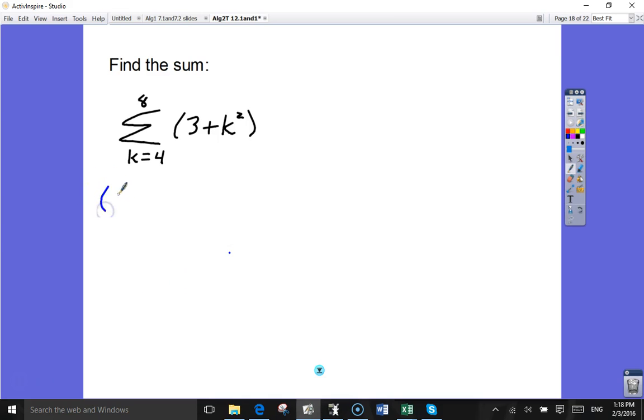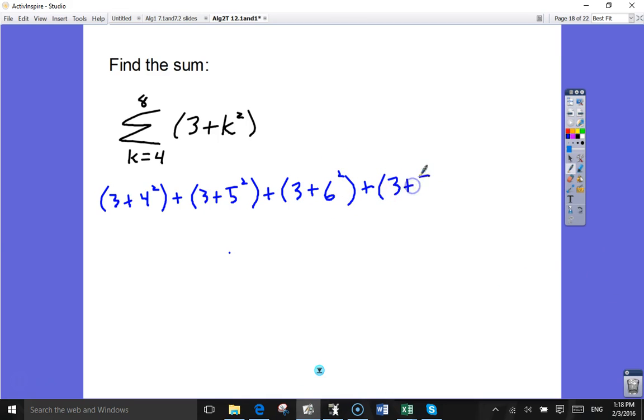That'll be 3 plus 4 squared plus 3 plus 5 squared plus 3 plus 6 squared plus 3 plus 7 squared plus 3 plus 8 squared.